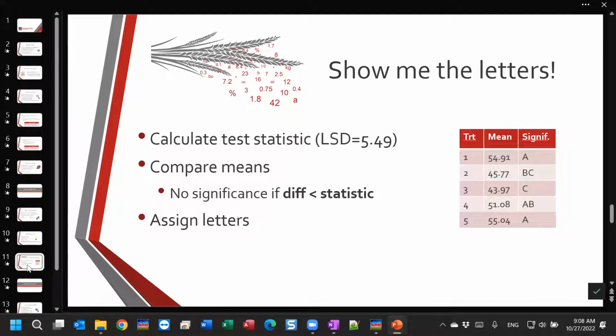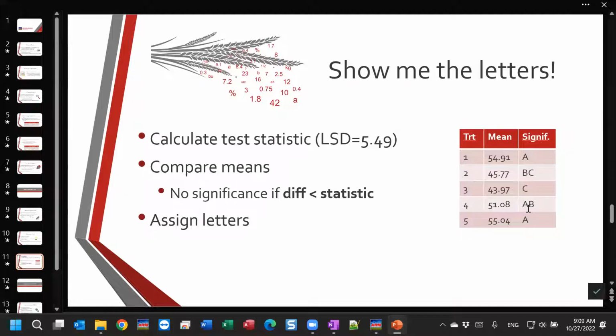Then finally, the end result of that mean comparison test that we care about is the letters. That's the typical way to display the results, and really wanting to show which differences are significant and which aren't.